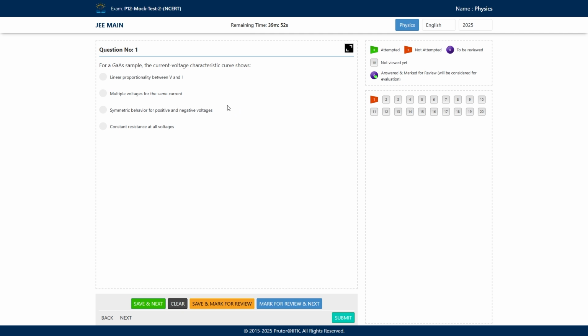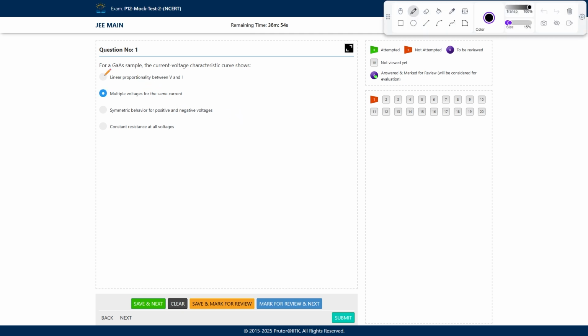So let's start. The first question is: for a gallium arsenide sample, the current-voltage characteristic curve shows... We have discussed this in our current electricity chapter, in the characteristics of non-ohmic devices. We discussed three cases, out of which one case is non-unique VI characteristics.